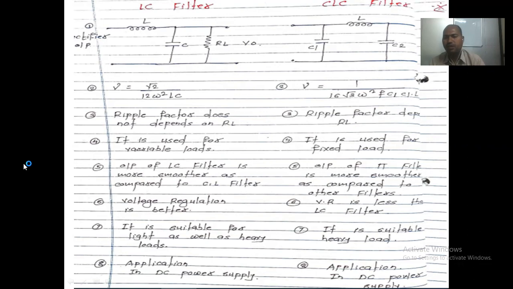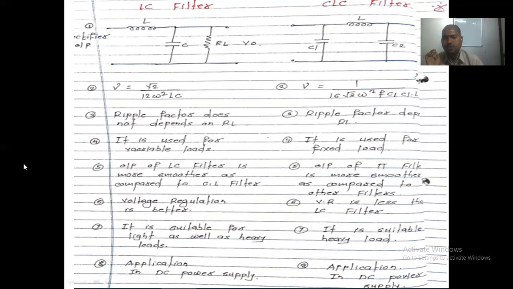Ripple factor depends on RL. What it indicates is, I'm again giving you the example of the transistor, with respect to your radio, right? Another name for a radio is a transistor. When we use the radio for the application of the CLC type of filter, right? And at some other time we have to use a motor, right?